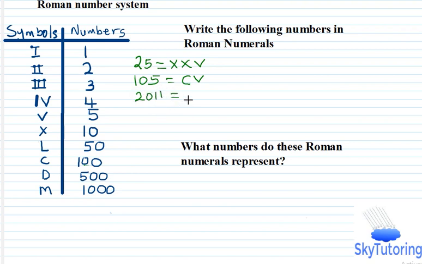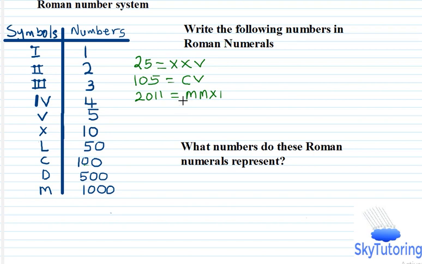Okay, 2011. So if we are to represent 2011, it will be 1000 plus 1000, making 2000. So it will be MM, okay, and then X and I. So this is how we will represent 2011 in the Roman numeral system.